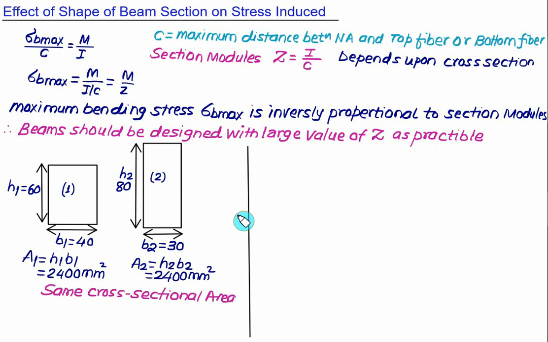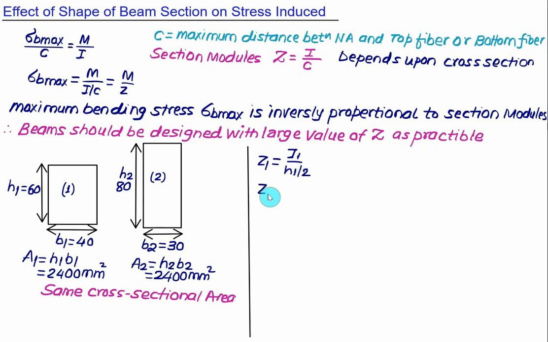But if you check the value of the section modulus for beam 1, Z1 is equal to I1 divided by the value of c. In this case the top fiber and bottom fiber are equidistant, equal to h1 divided by 2.